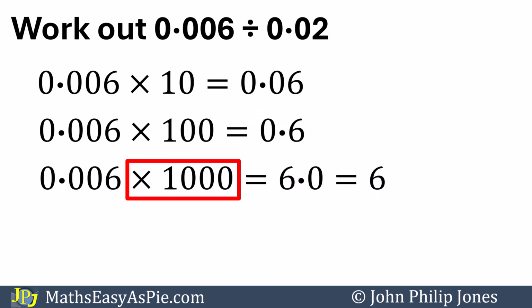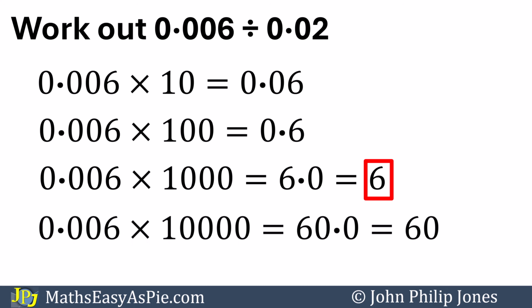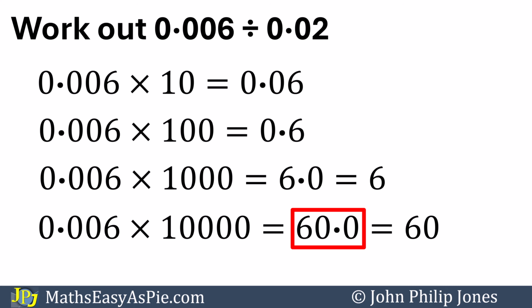This one, when you multiply by 1,000, the decimal point has been moved 3 times, and you end up with 6.0, which we can express as 6. And finally, I'm looking at this example where I'm multiplying by 10,000, which means we can move the decimal point 4 times, and you end up with 60.0, which you can express as 60.